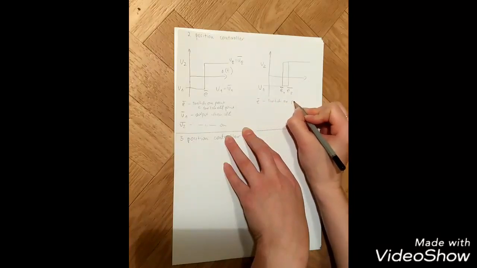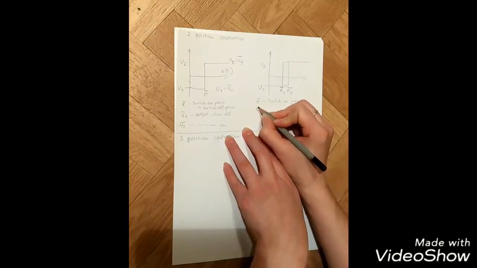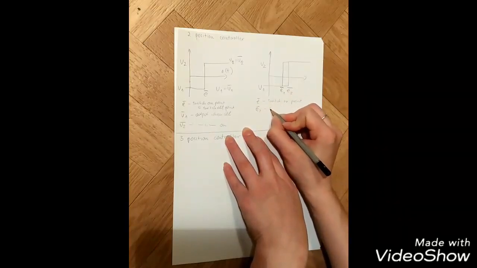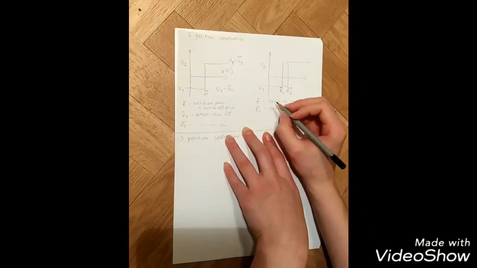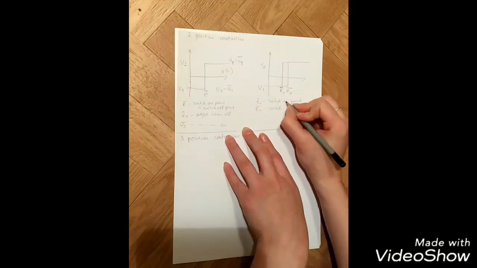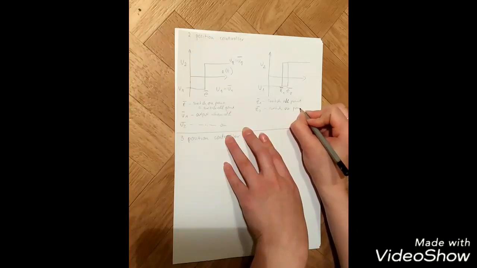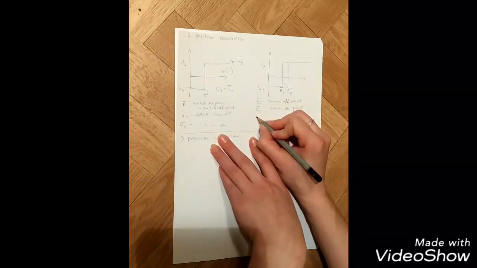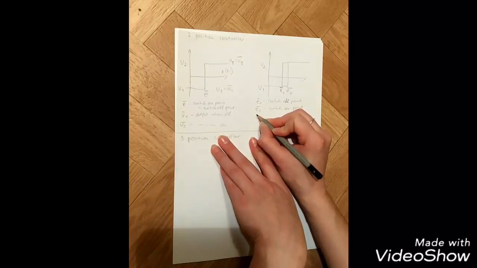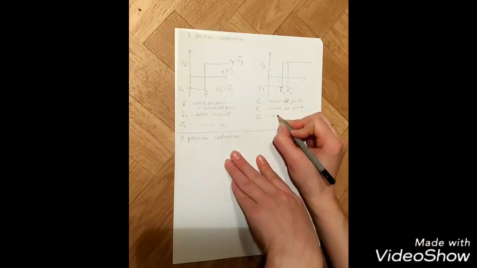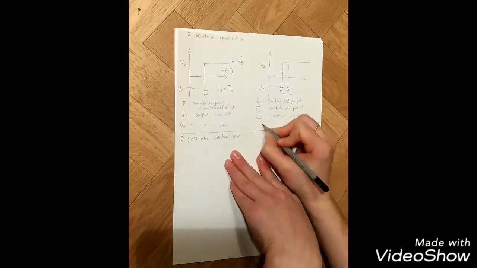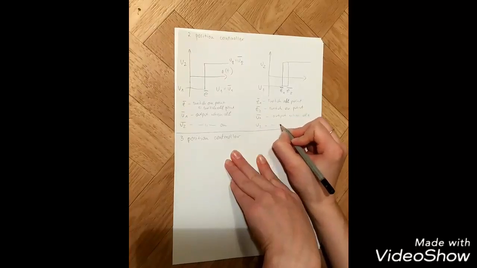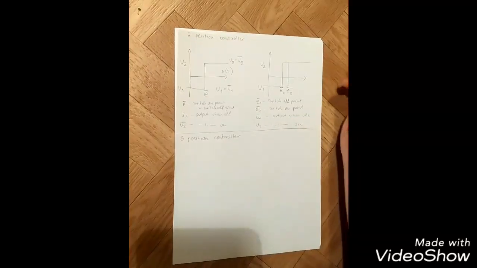Switch on point E2. I will define it as switch off, and this will be switch on point. Okay, and again U1 is output when off, U2 is output when on.